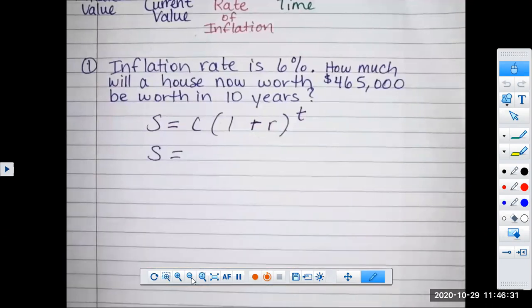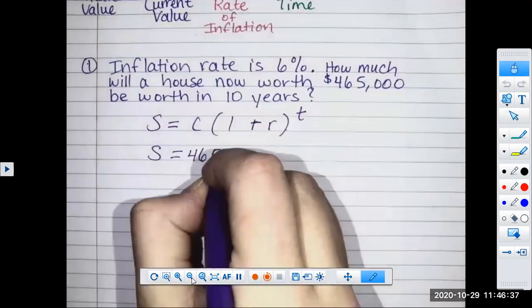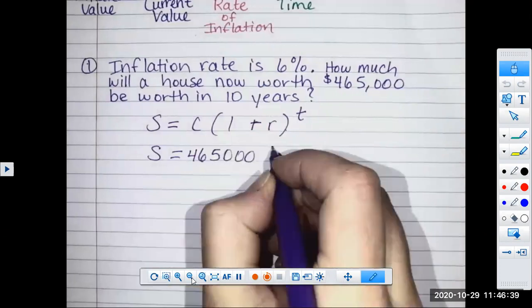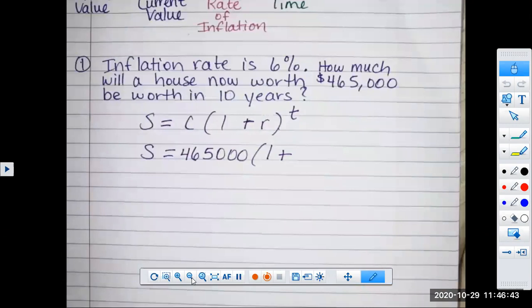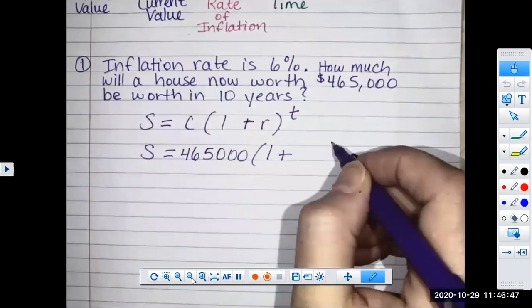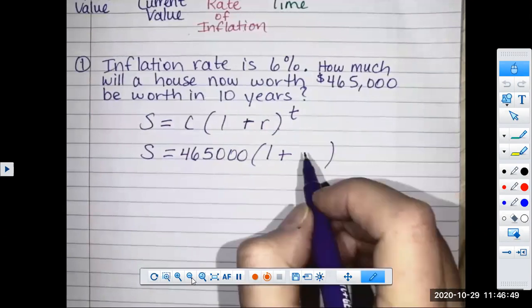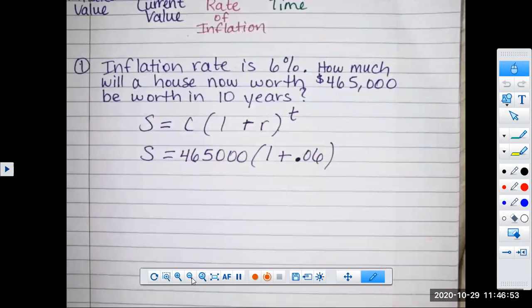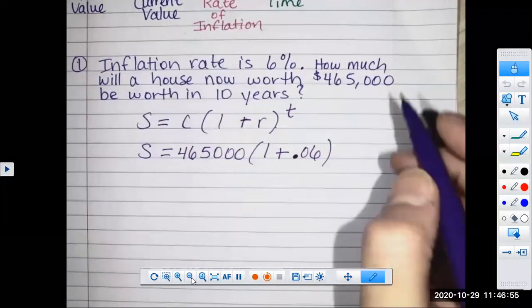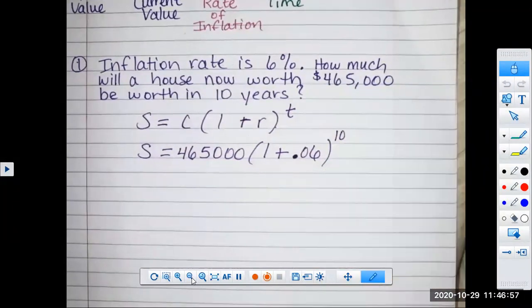What are you plugging in for C? Good. Plugging in that current value. And then 1 plus, you have to, of course, change your rate to a percentage. So this needs to be what? 1.06. If you plug in 6, you will get it wrong. And then time is in years, so 10.